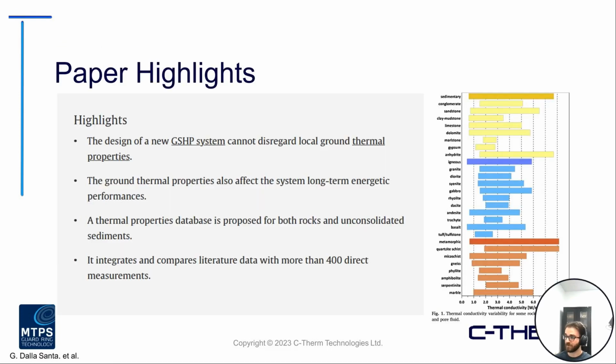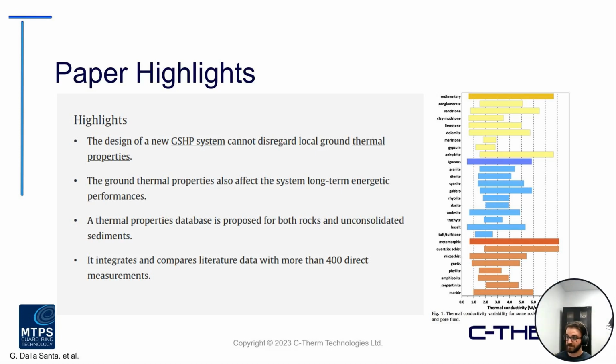Some of the paper highlights I pulled here and summarized: when you're designing these new systems, you cannot disregard the local ground thermal properties. The thermal properties are of great importance. On the little graph on the right, these were some initial literature values pulled for different rock samples according to the porosity and pore fluid.